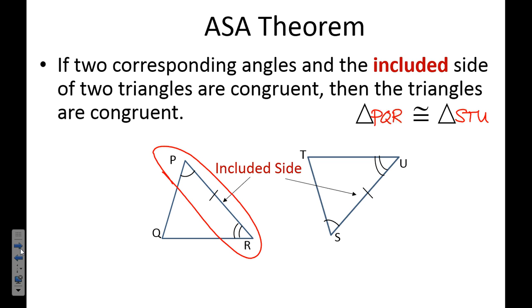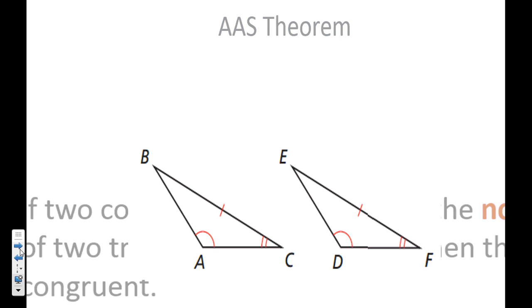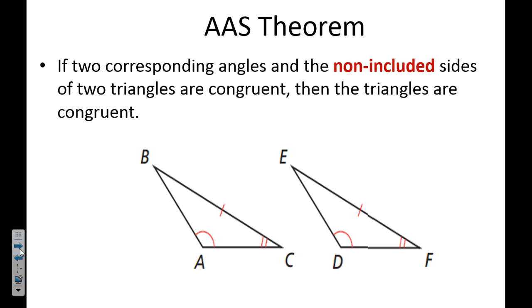P and S are congruent angles. Q and T are congruent angles. R and U are congruent angles.